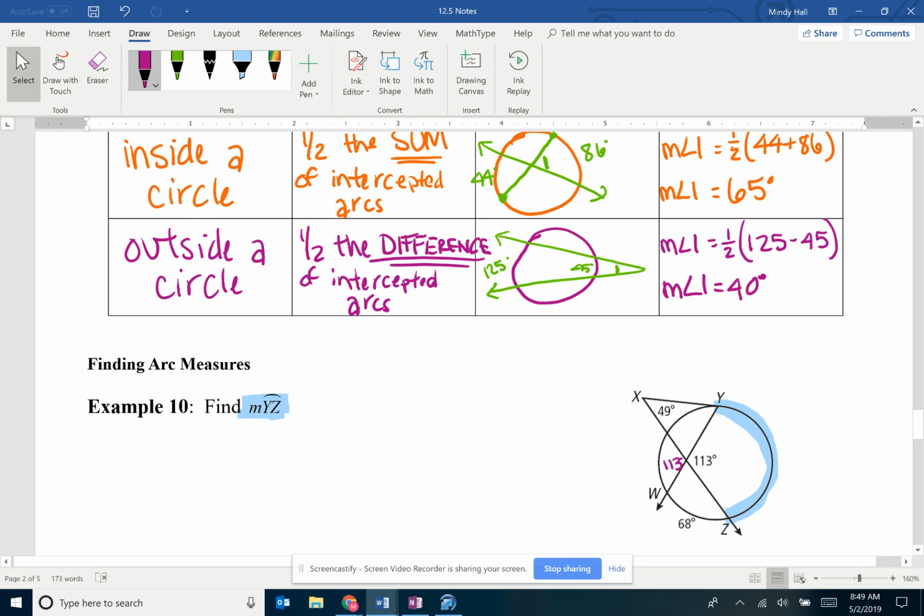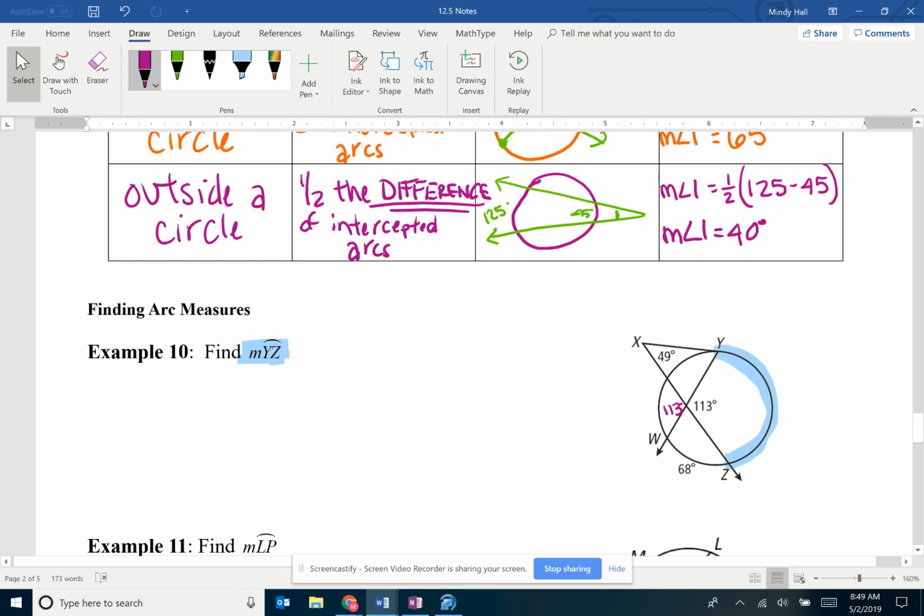So what I would do first is try and figure out how we can find, oh my goodness, why can I not think?